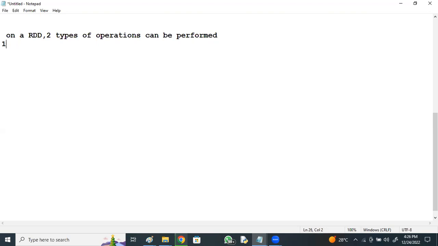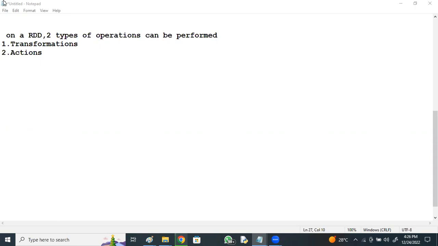First one, transformations. Second is actions. Again, for transformations, we have three types available. Actions, if you perform an action, only then the flow gets executed, right? And then only the flow is going to get executed.